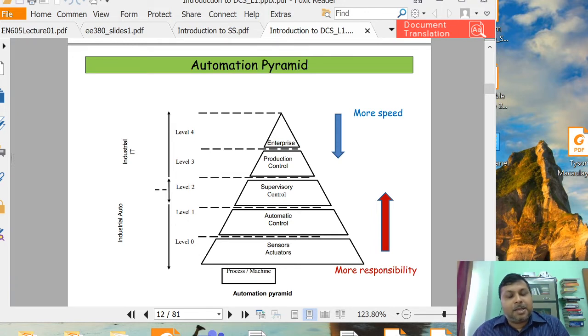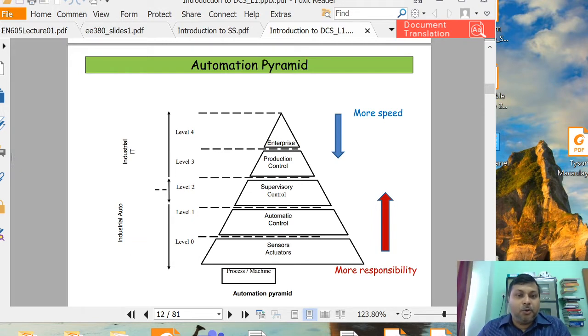Now, as we discussed in the last class, we want to understand the uses of computer in the control paradigm, because automation came to the industry with the use of computer as a controller.